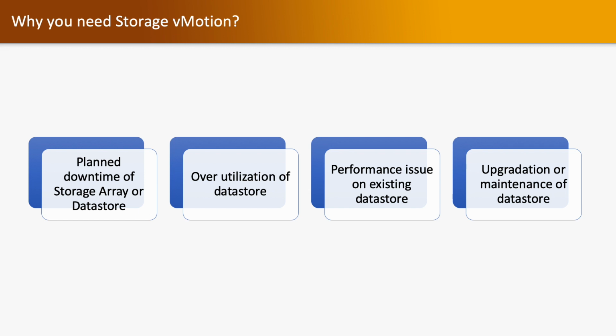What you can do here is simply migrate a few of the virtual machines from datastore 1 to datastore 2. It is also required when you have any kind of performance issue on a datastore. Let's suppose datastore 1 has some kind of slowness issue, and you notice that datastore 2 is running perfectly. Then you can simply migrate the virtual machine from datastore 1 to datastore 2.